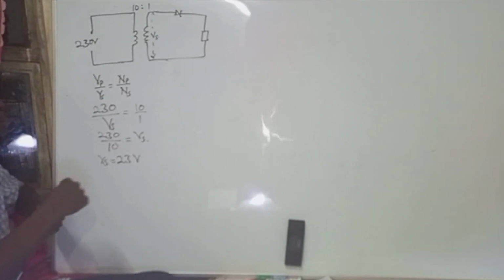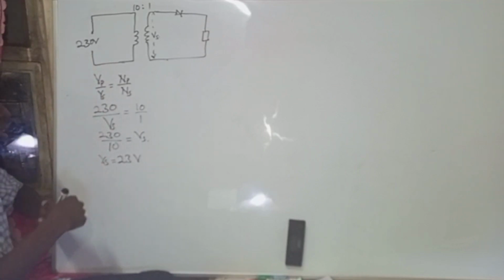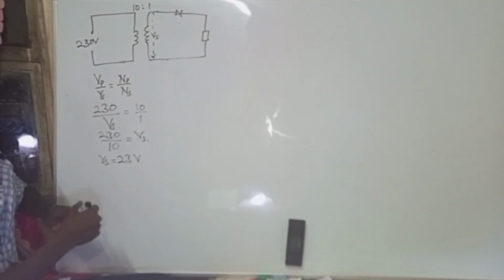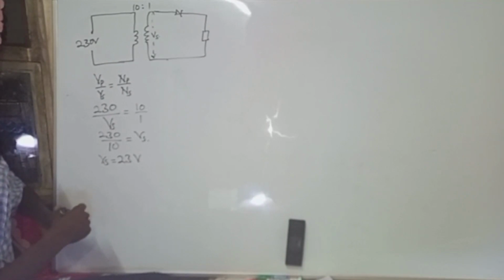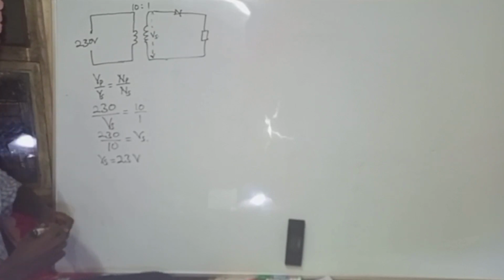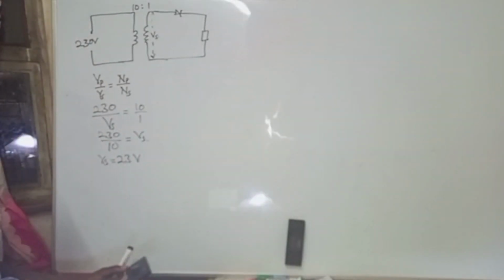Before you even go to this 230, you need to convert it directly into a peak value first. Even when you reach here, you can convert it directly into peak value by dividing by root 2, because it was coming directly from the mains.